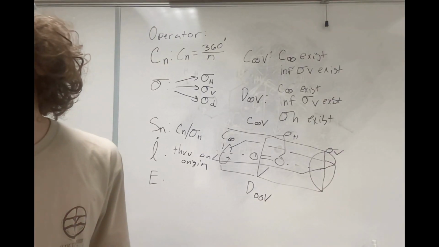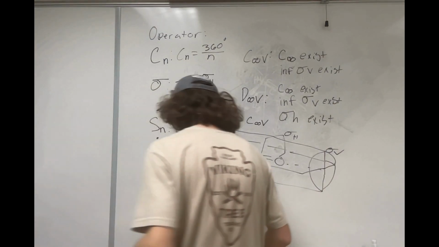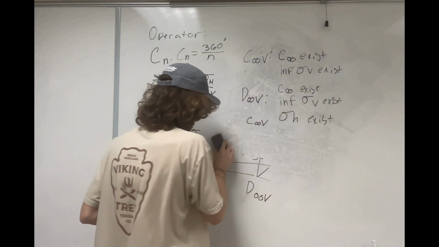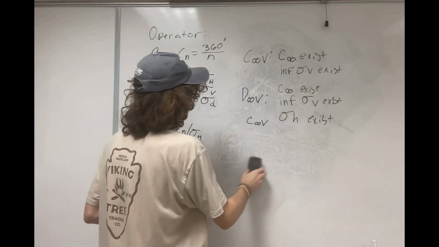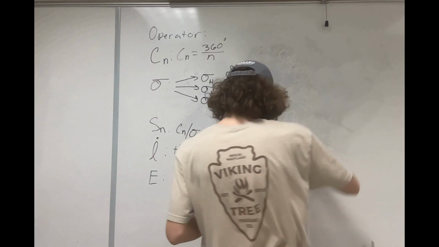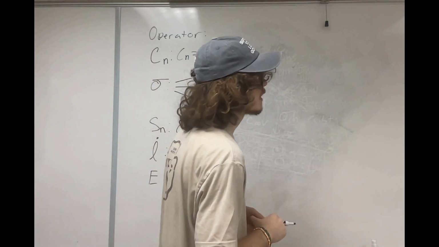Okay, let's do another example, and let's try and use the flow chart to figure out what kind of symmetry we have. So I'm just going to make something up here.